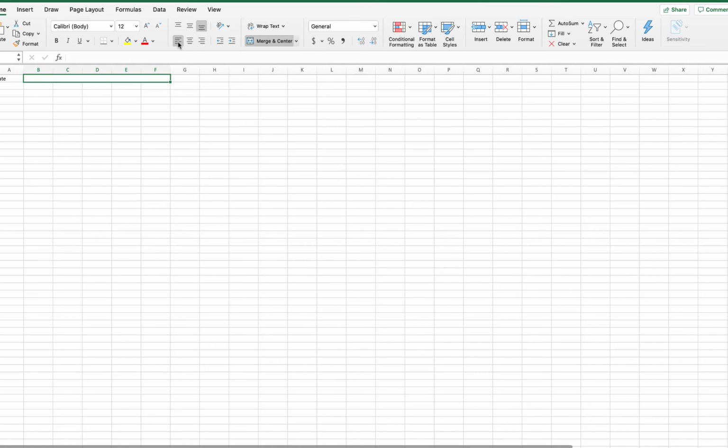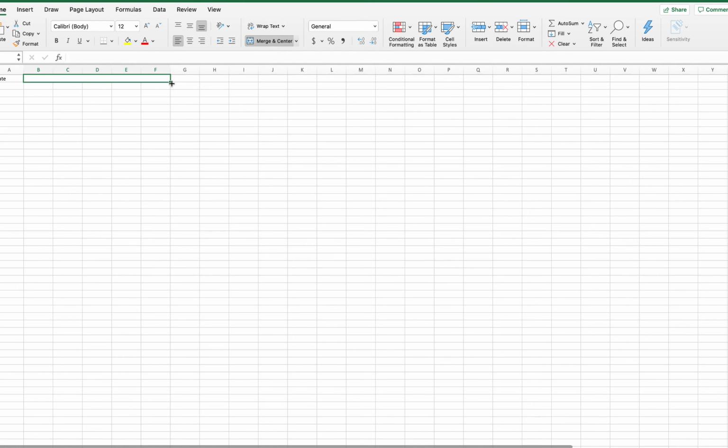and then we're going to click Left Align. The next thing we want to do is format all these cells below that B1. We want them to be identical, meaning we want B1 through F1 all merged into one and left aligned. If you'll notice, my mouse looks like a little crosshairs, right?